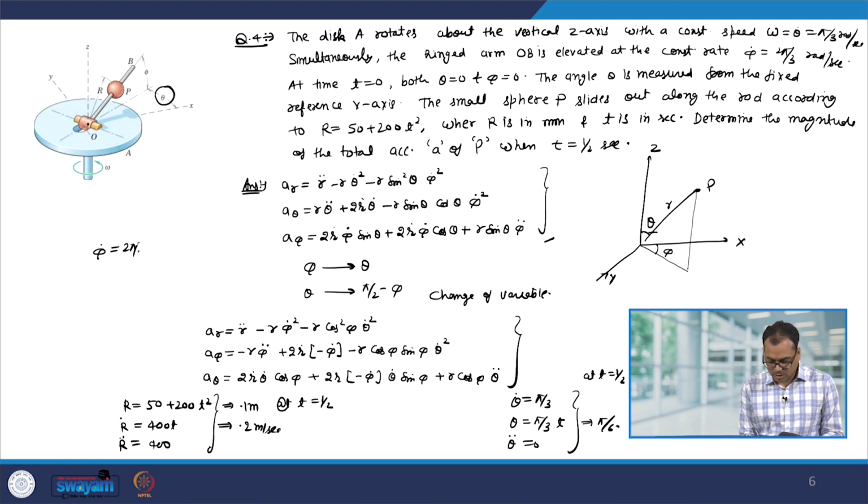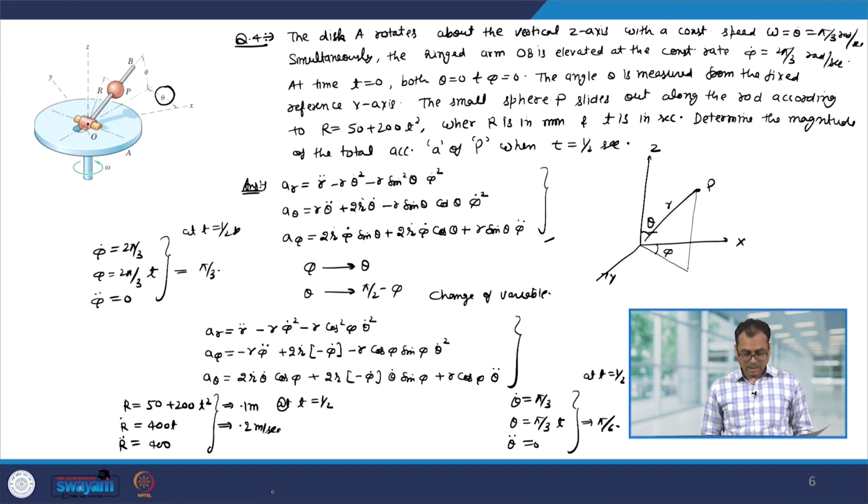Phi dot is 2 pi by 3. Therefore, phi will be 2 pi by 3 into t, and phi double dot will be 0. At t equal to half second, phi will be pi by 3. So, now we have r dot, r double dot, theta dot, theta double dot, and phi dot, phi double dot.